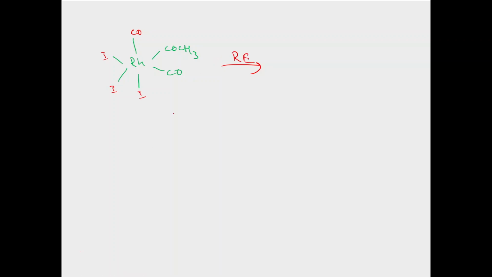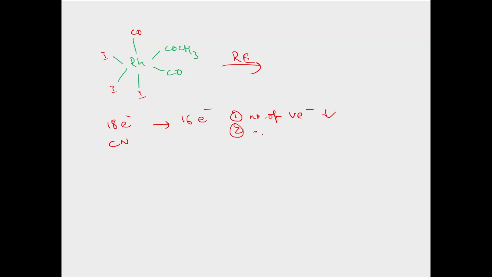So in reductive elimination, what happens? First of all, the number of valence electrons decreases. If it's an 18 electron complex, it will become a 16 electron complex, and the coordination number also decreases.